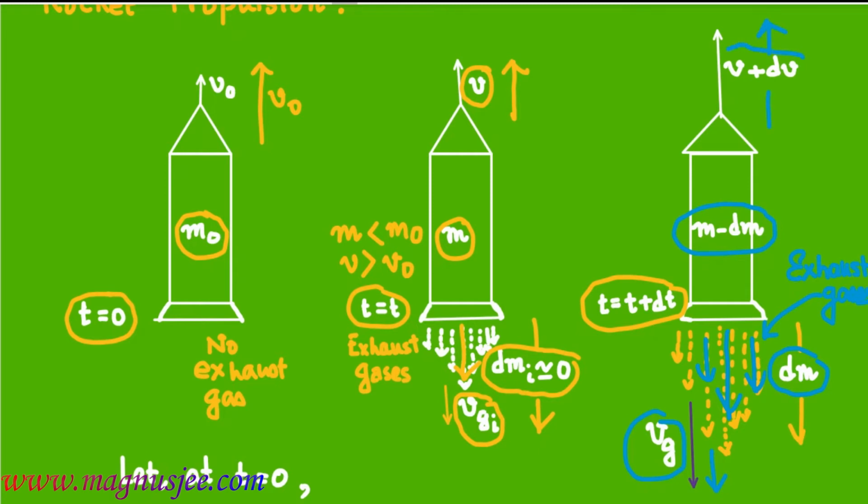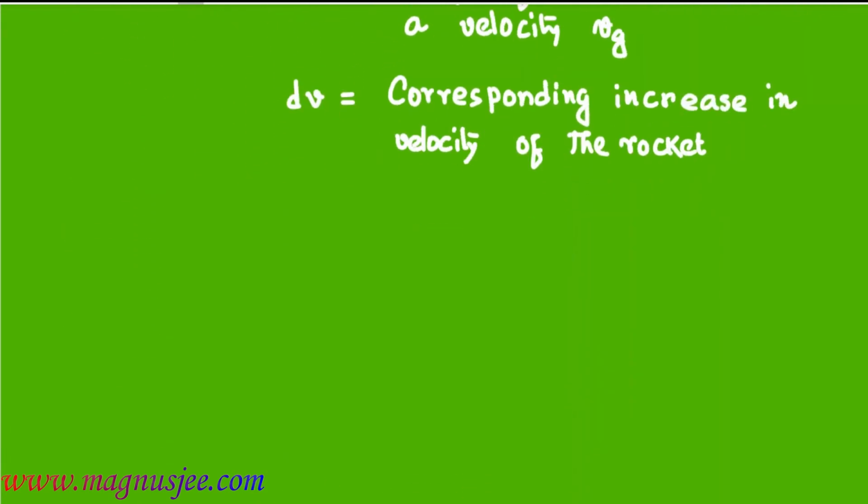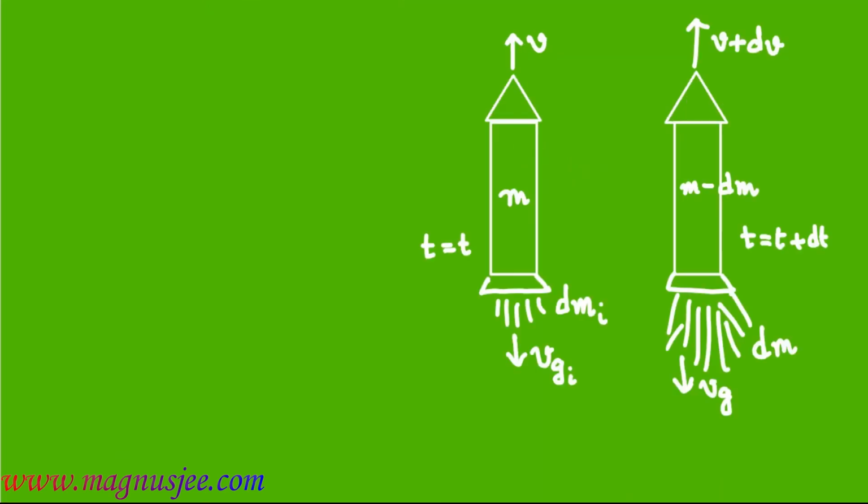The rocket will be moving upwards with greater velocity v plus dv, where dv is the corresponding increase in velocity of the rocket at instant t equal to t plus dt.